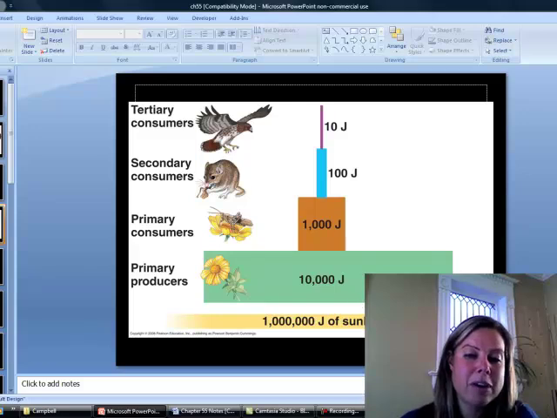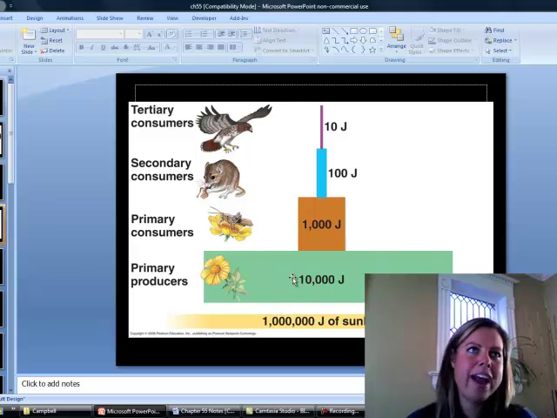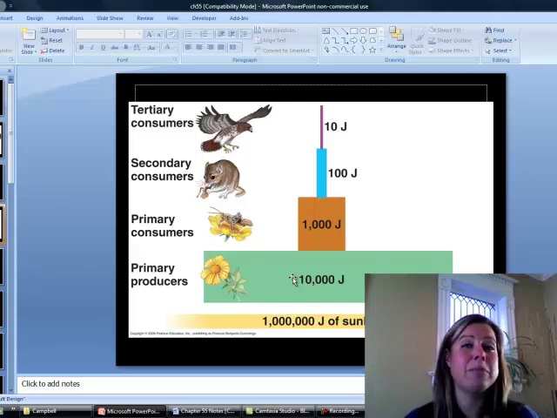So the amount of primary producers is always going to be more than everybody above it in the food chain. And then the amount of primary consumers is going to be more than everybody above it on the food chain.